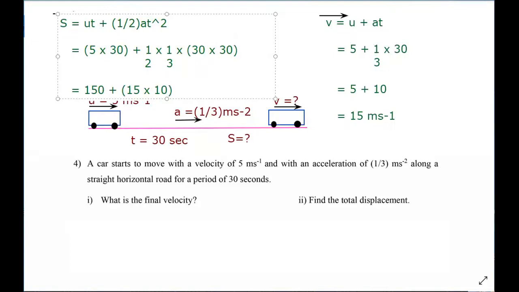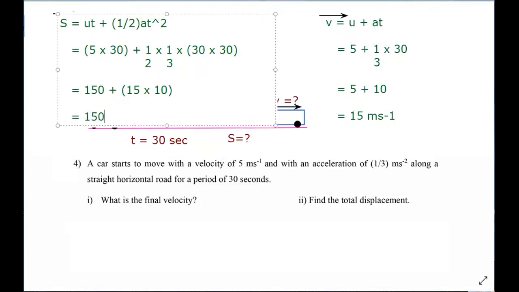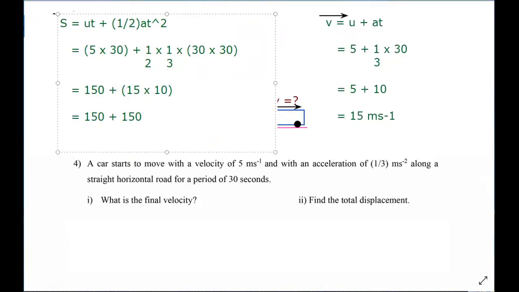Right. Now we have 150 plus what is 15 times 10? 150. Very good. What is 150 plus 150? 300. Very good. So the displacement is 300 meters.